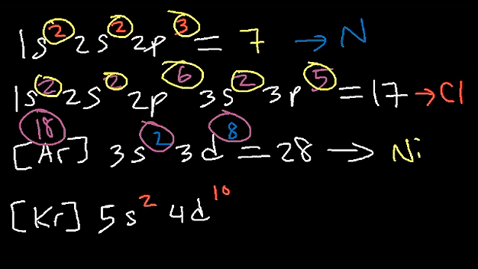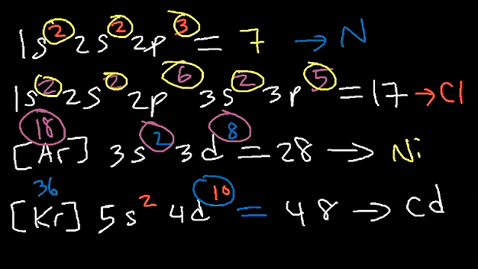For the last one we have krypton, which has an atomic number of 36, plus 2, that's 38, plus 10 gives us a total of 48. And it turns out that cadmium has an atomic number of 48. So that's how you can identify the element if you're given the electron configuration.